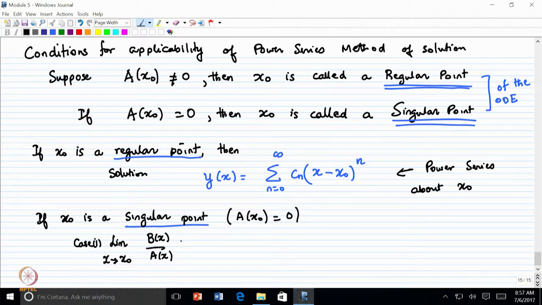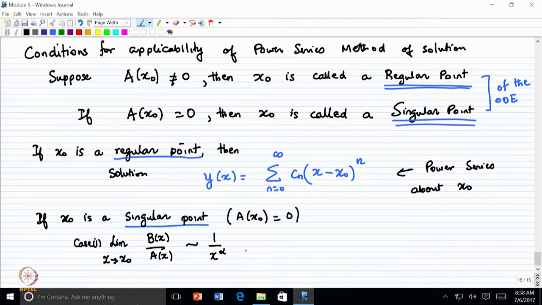So, typically you would expect it to go as 1 over x^alpha. Okay. And if you have 1 over x^alpha for any positive alpha, this will go to infinity.